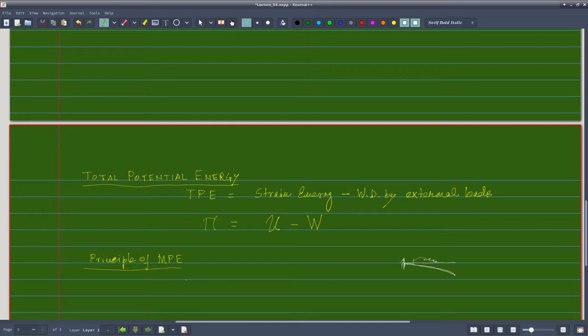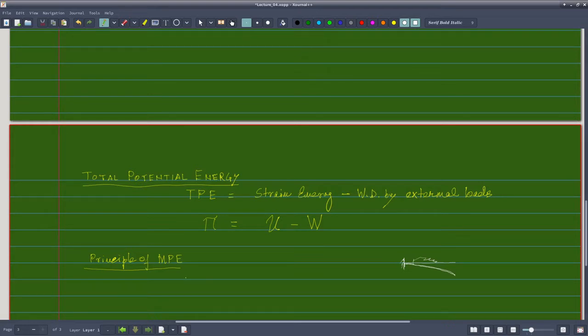Now, the principle of minimum potential energy says that for conservative system, if I have a kinematically admissible displacement field, then those kinematically admissible displacement fields will extremize the potential energy.